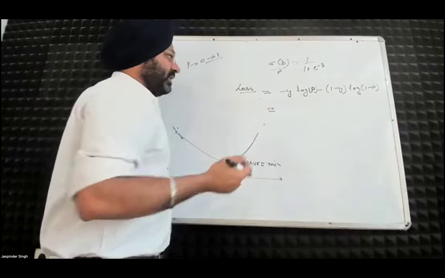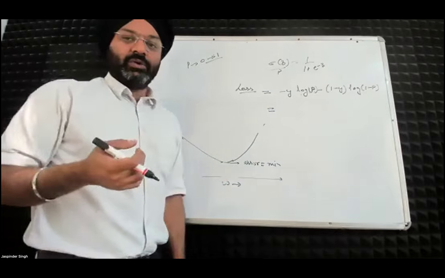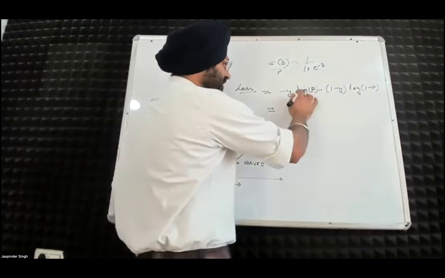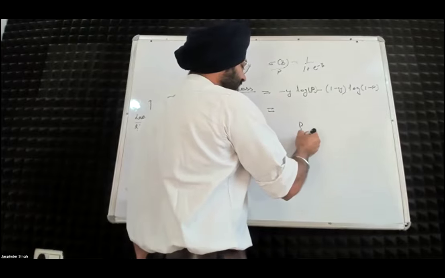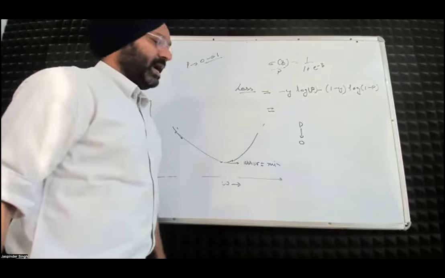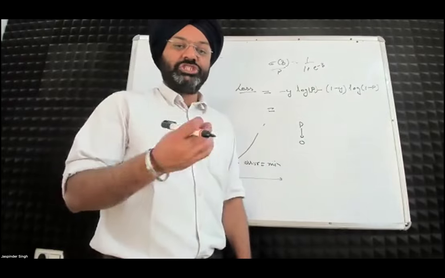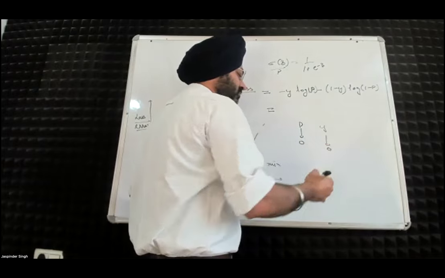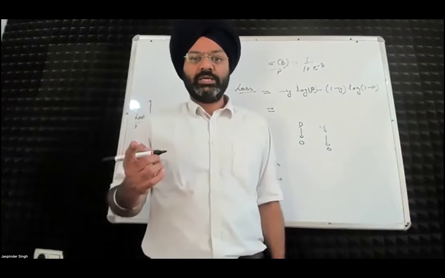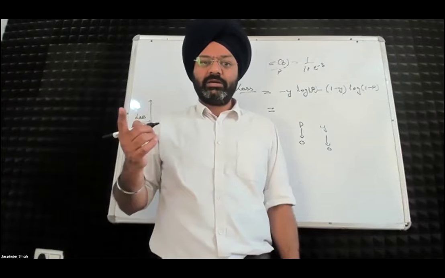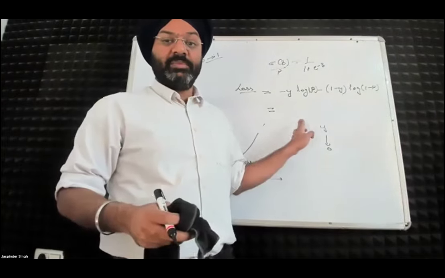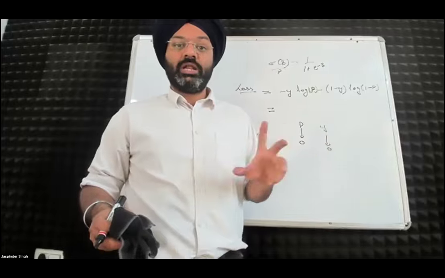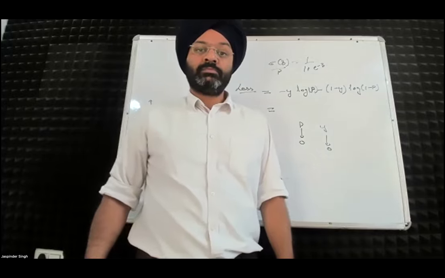The better way to understand this is, how do I calculate the loss? If my p is the predicted value, if my p predicts that the churn probability is 0 and the actual is also 0, is there any loss? Is there any error in my prediction compared to y true? None. No error.